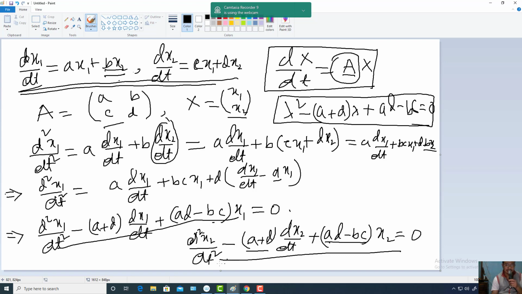Again, this equation and this equation have the same characteristic equation, therefore the characteristic roots are the same, so the solution will be exactly similar except the constants.